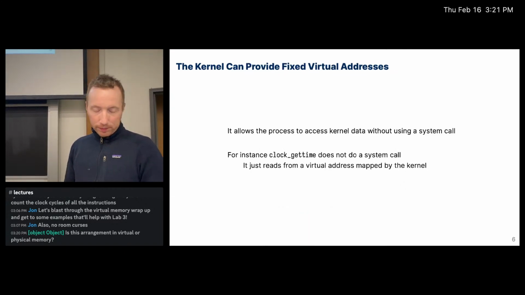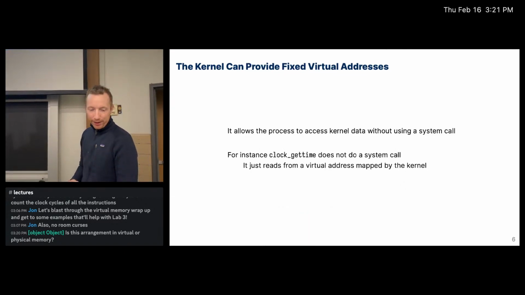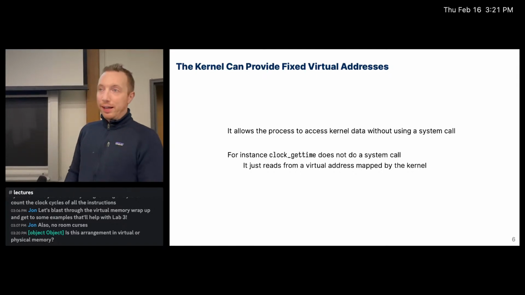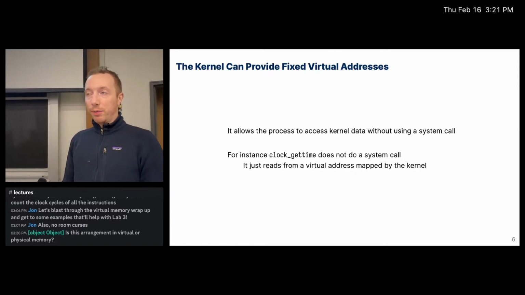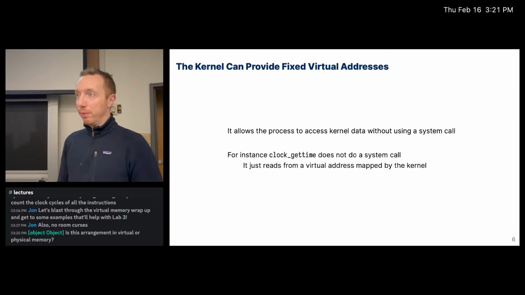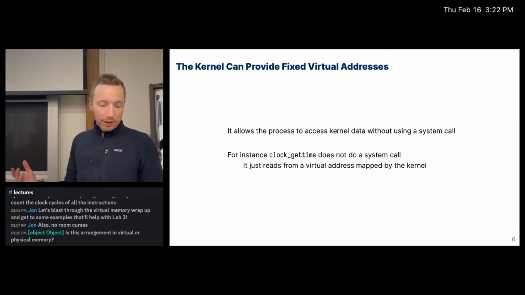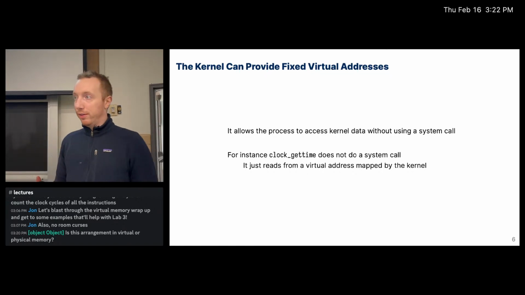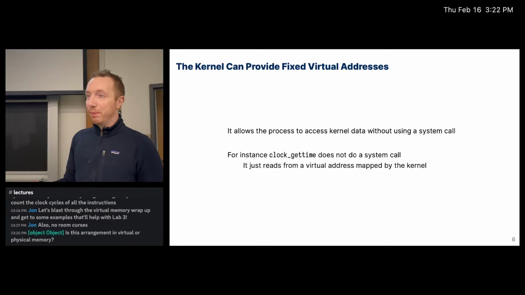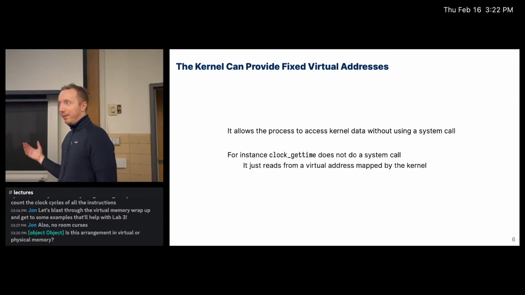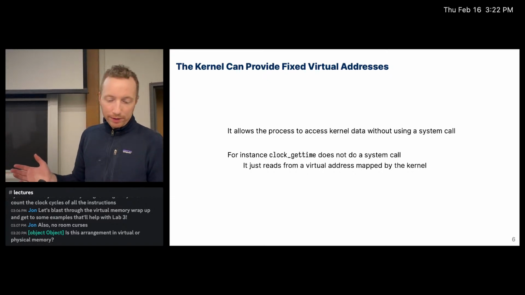Okay. So a fun thing the kernel can do with this: if you want things to be fast, and remember system call interfaces are slow, the kernel can provide a fixed set of addresses which it can map to whatever it wants. One of the things you might want to be fast is something like get time. If you do get time on the order of nanoseconds, then your system call is going to be way too slow to get an accurate nanosecond time.